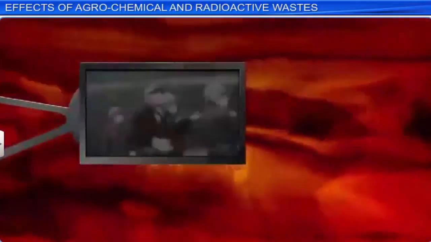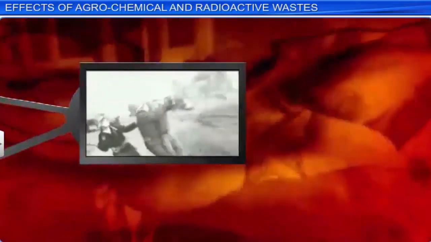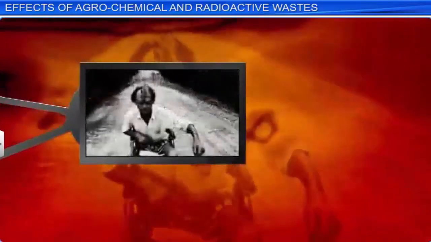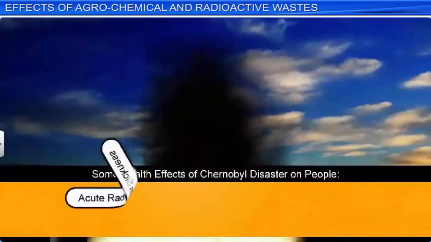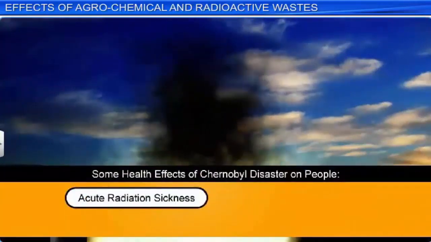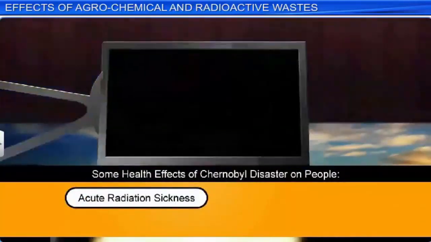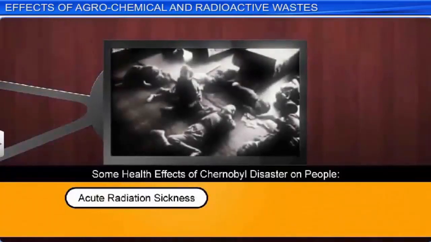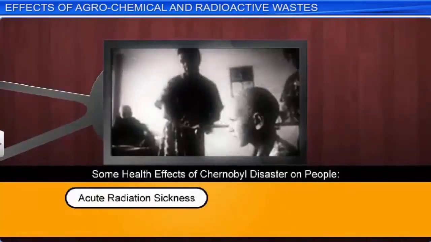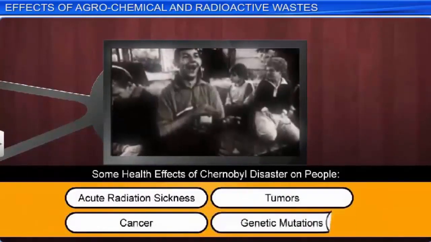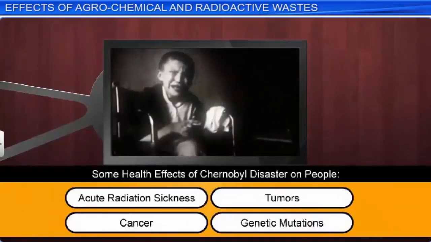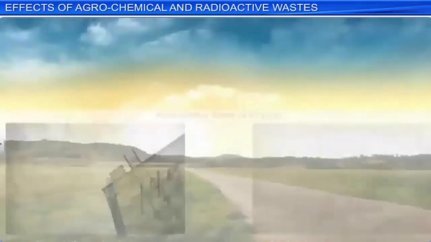These radiations severely affected life in Pripyat. Many people suffered from acute radiation sickness, where their organ tissues were damaged due to excessive exposure to radiation. Several others developed cancer and tumors and underwent genetic mutations. In a few weeks, people evacuated this town.